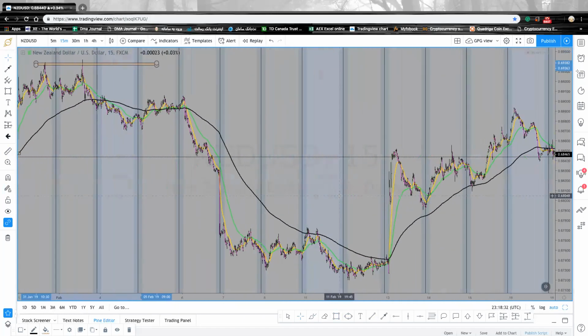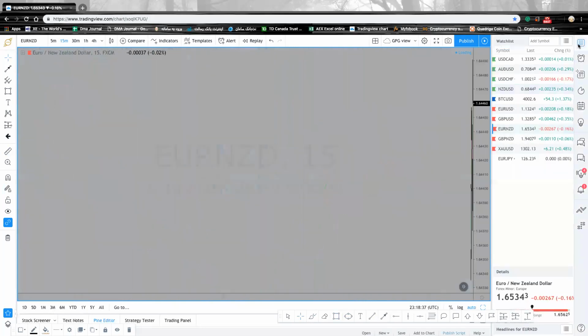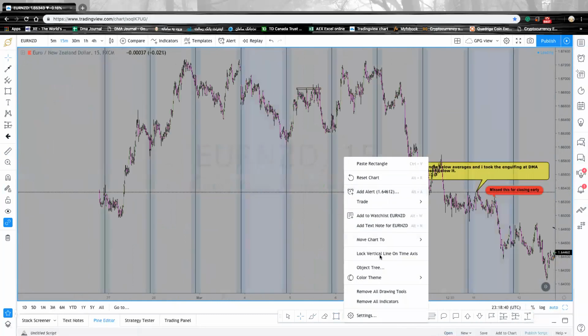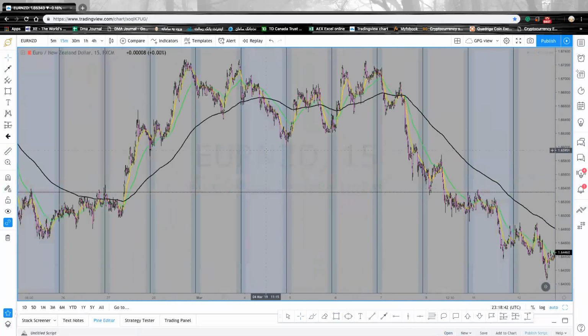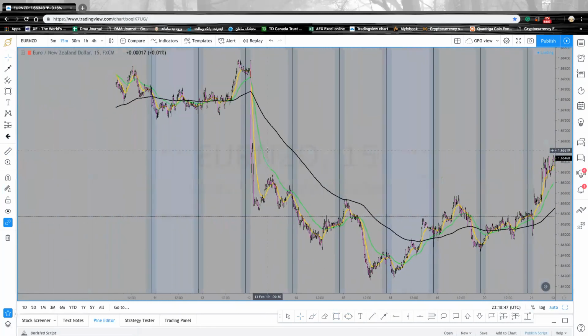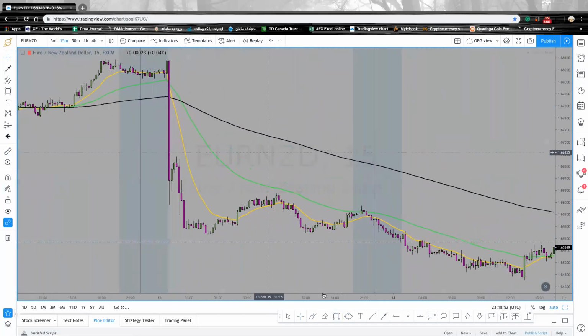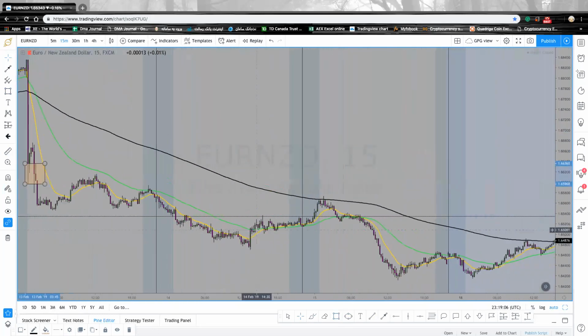Let's go back to wick fill. Let me change my pair so I have some kind of pair that leaves a lot of wicks. So you see, this is a downtrend right here. Price came below the averages, left a wick, went high, retested, came back and filled the wick. Okay.